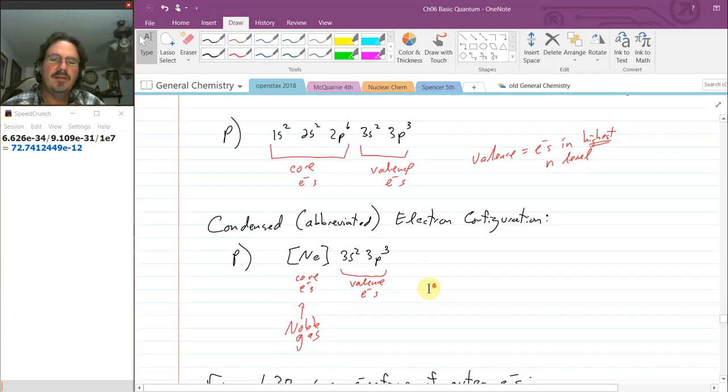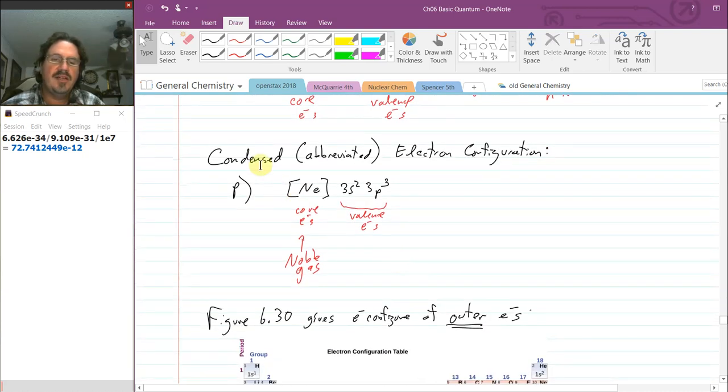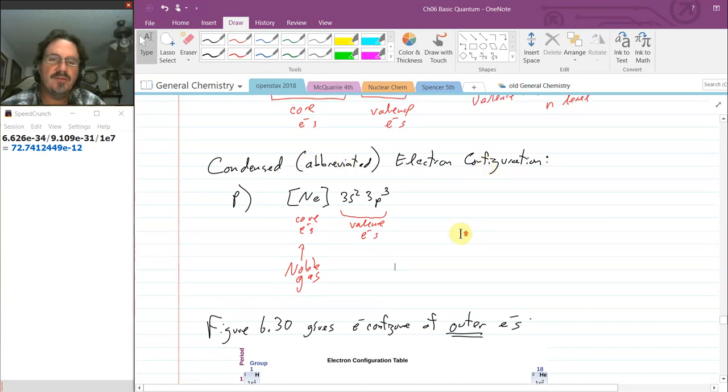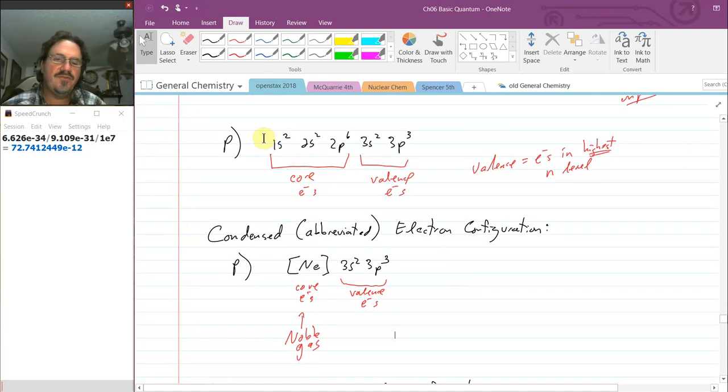All right. Let's go on a little farther. Condensed abbreviated electron configuration. If this is phosphorus, electron configuration, core electrons in the 1 and the 2, the outermost energy, the 3rd level, those are the valence electrons. The core electrons are not important in the sense of bonding.